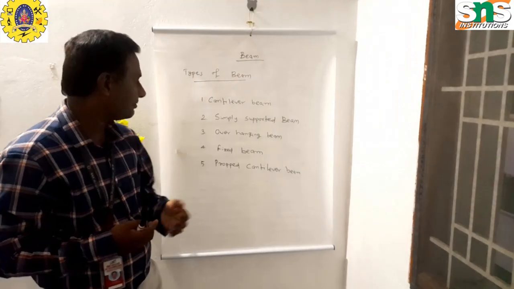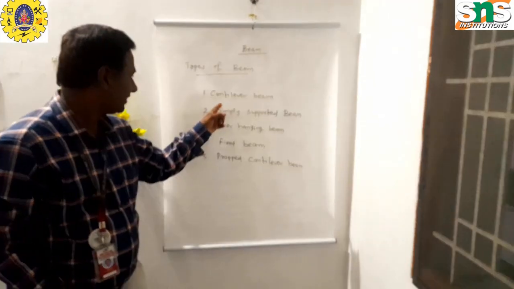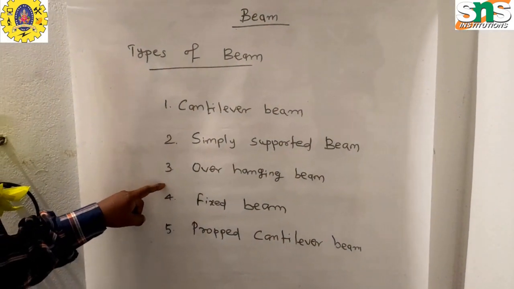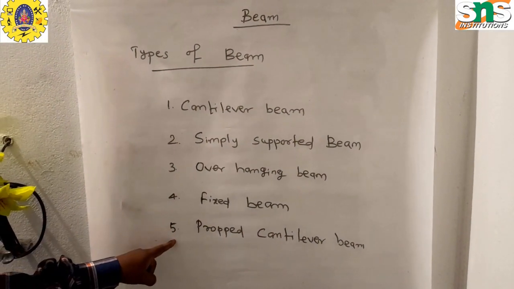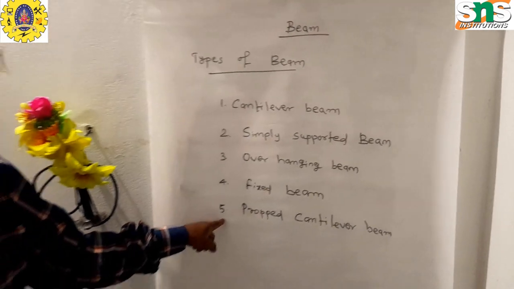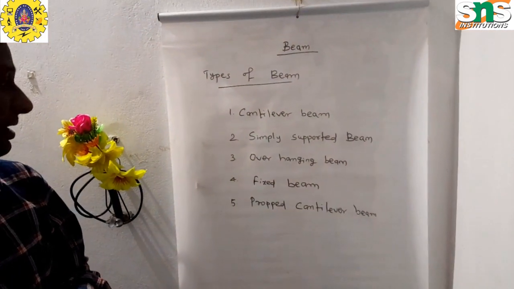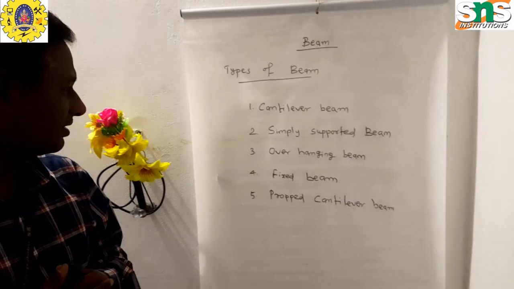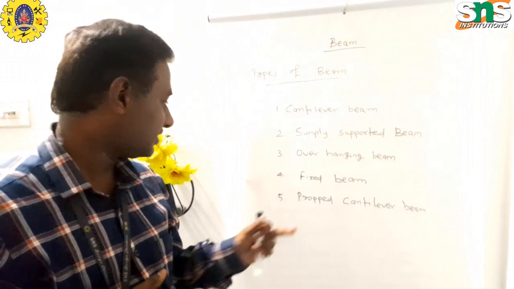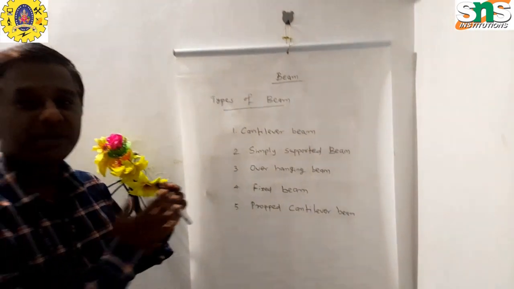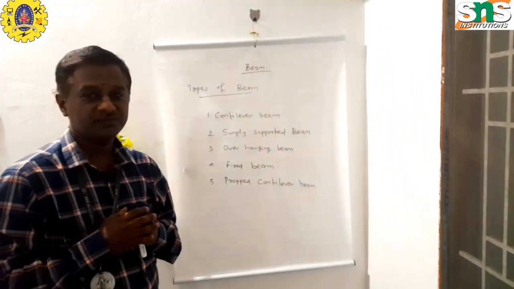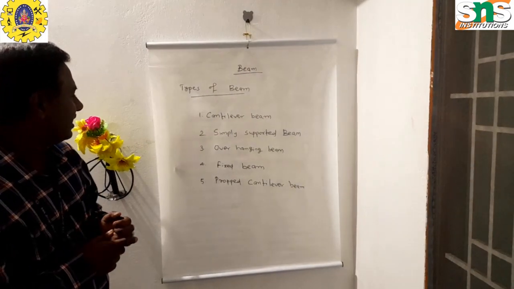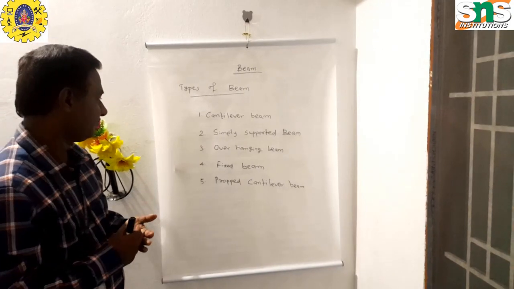And what are the different types of beam? One is called cantilever beam, simply supported beam, overhanging beam, fixed beam, and propped cantilever beam. So these are the types of beams. And how can these be classified? Based on what parameter have they been classified?